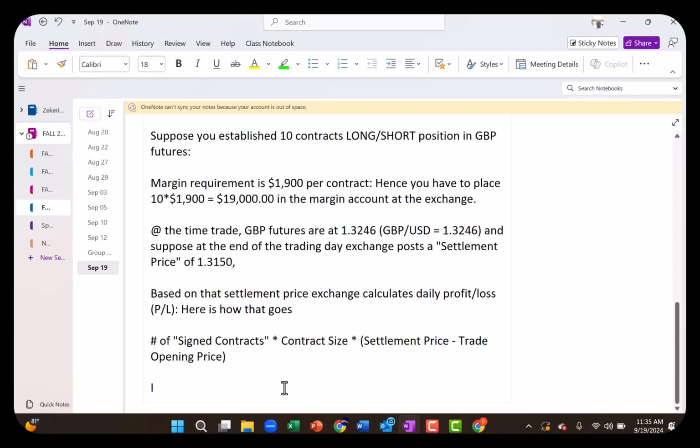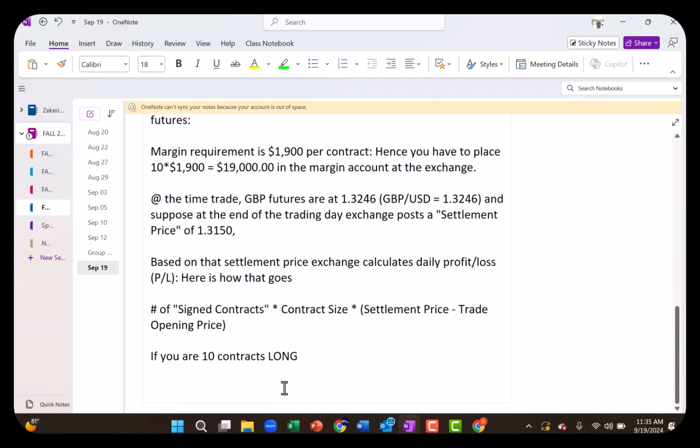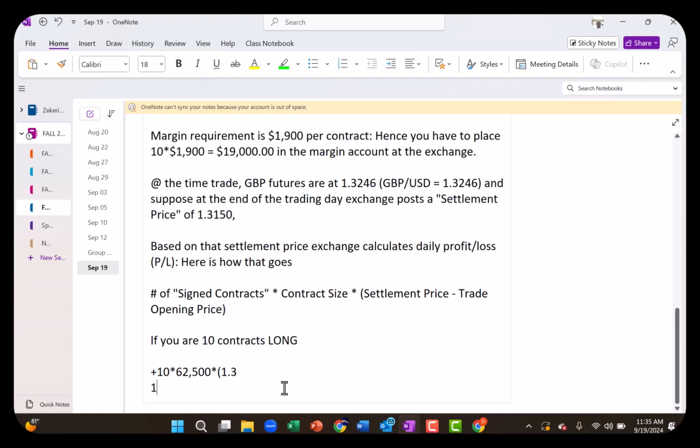So if you are 10 contracts long, so you have positive 10, okay, times contract size is 6225, times settlement price is 131.50, minus you open the trade at 132.46.